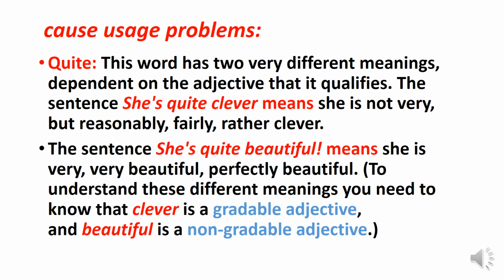The sentence, she's quite beautiful, means she is very beautiful, or it might be perfectly beautiful. To understand these different meanings, you need to know that clever is a gradable adjective and beautiful is a non-gradable adjective.